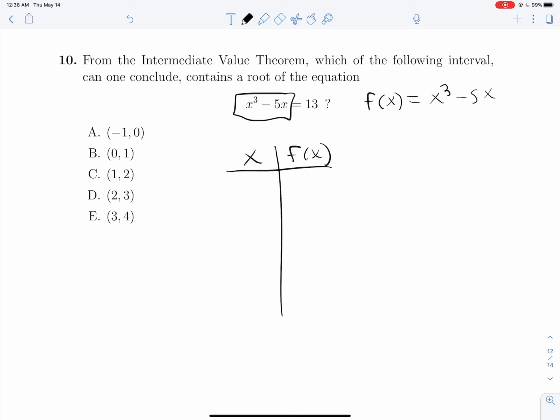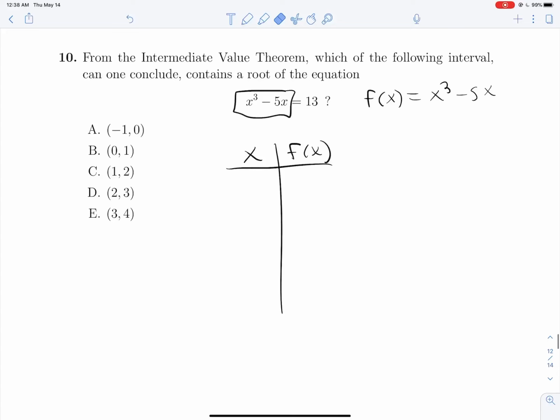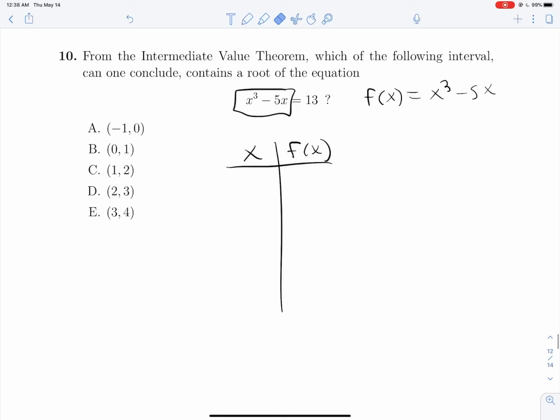So now what we can do is evaluate f of x at a bunch of different points, and if we find an interval on which, let's say that at the beginning of our interval, our value for f of x is 12, and at the end of our interval, our value for f of x is 20, and we're looking for our function to pass through 13.